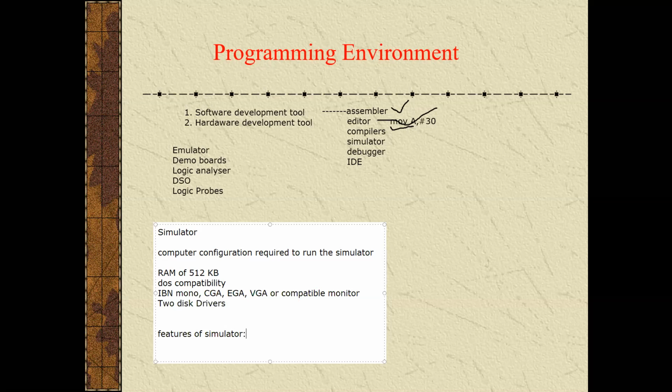What are the features? It is very easy to operate. It allows the simulation of the peripherals.